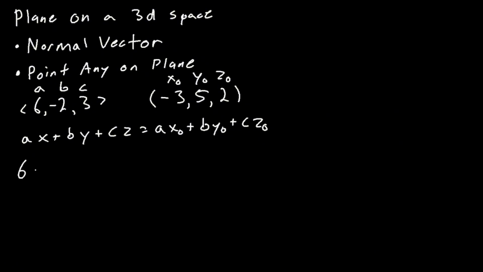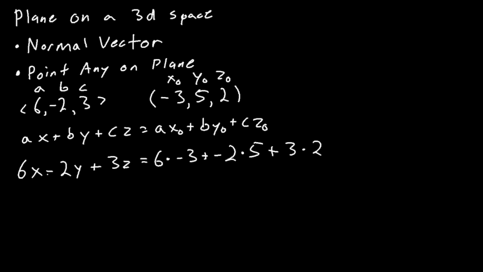So plug in a, which is 6, plus, it's actually minus because b is -2, 2y, c is 3, so we plug in c here. This is equal to a, so 6, times x null, which is -3, plus b, -2, times y null, which is 5, plus c times z null.